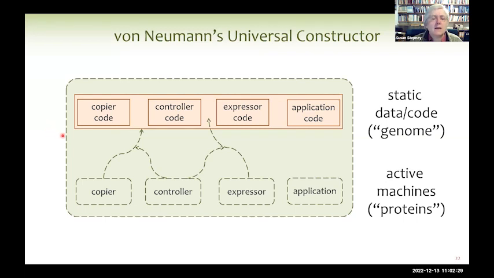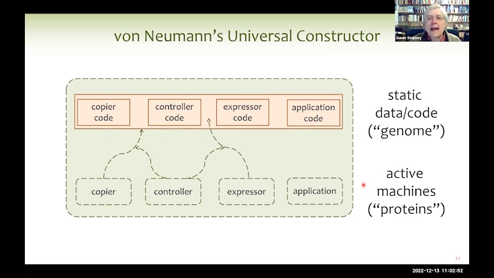And the idea here is quite obvious now, but was brilliant when it was invented, is that you've got two parts. You've got a kind of data or code part, which is analogous to the genome. And in this, you've got various little modules of code that can do various things.